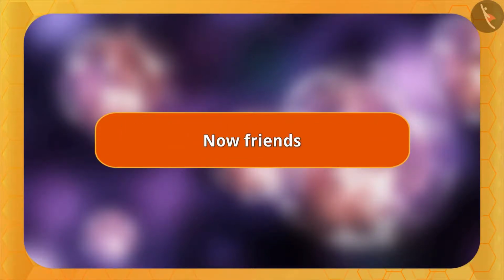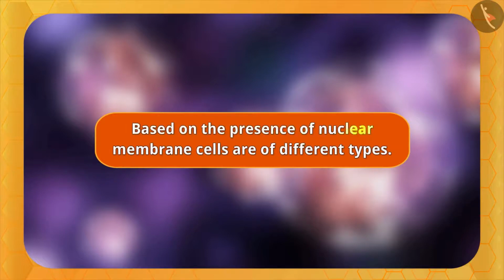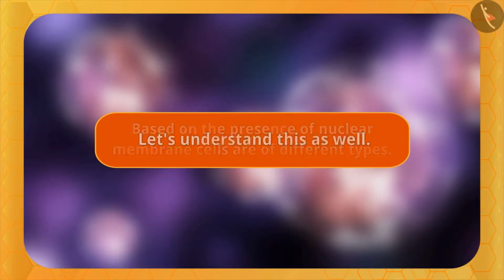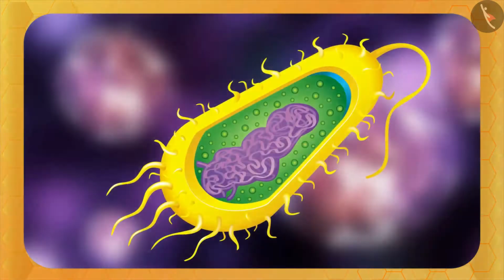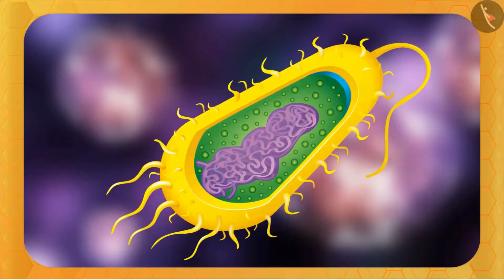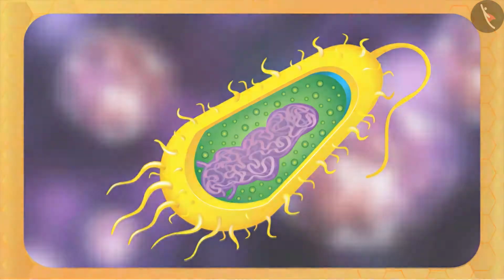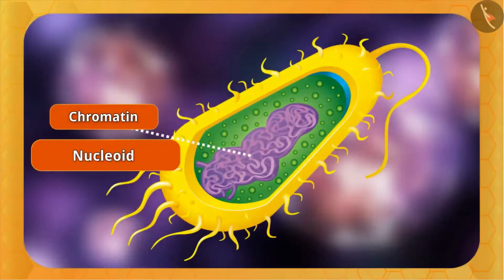Now friends, based on the presence of nuclear membrane, cells are of different types. Let's understand this as well. In some organisms like bacteria, the nuclear region of the cell may be poorly defined, due to absence of a nuclear membrane. Such an undefined nuclear region containing only chromatin is called a nucleoid.